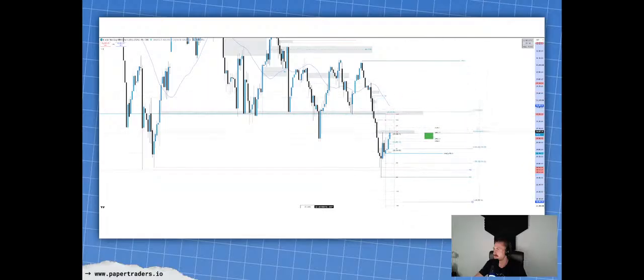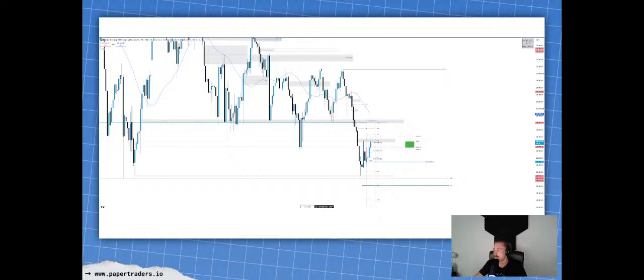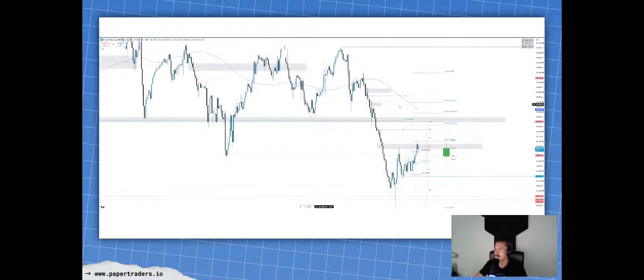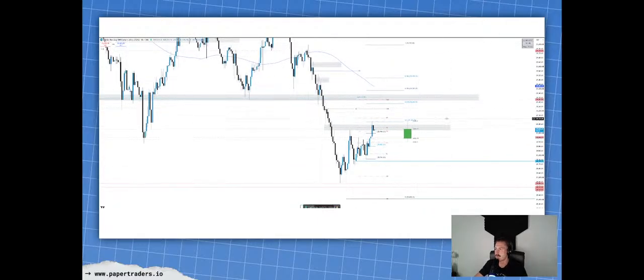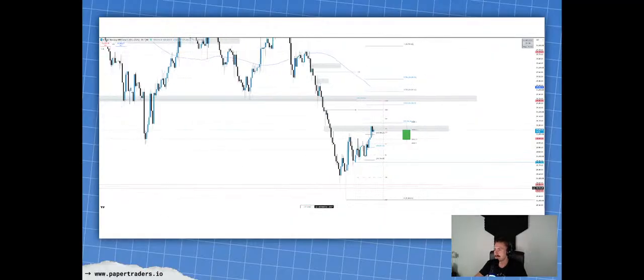We can maybe potentially take this OTE here. All right, 618 rests about that fair value gap above. 29,310 is still a level that we're still playing around, right? We broke down through it, so 29,310 is a potential retest area on the hourly.